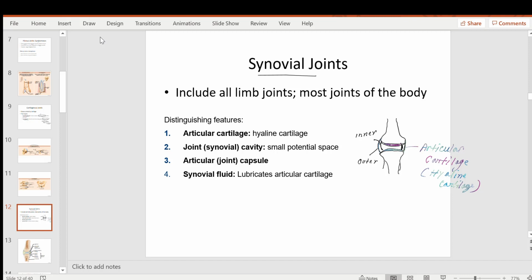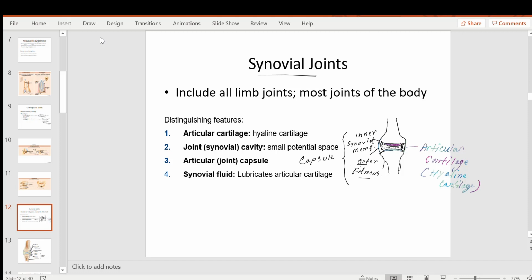The outer layer is fibrous. It is mainly responsible for protection. The fibrous structure is tough, so outer fibrous, and inner is called the synovial membrane. So the capsule has two layers: outer fibrous, mainly for protection, and inner soft synovial membrane. The synovial membrane secretes the synovial fluid into the cavity between the bones.